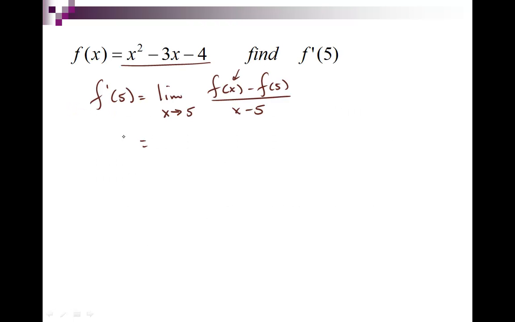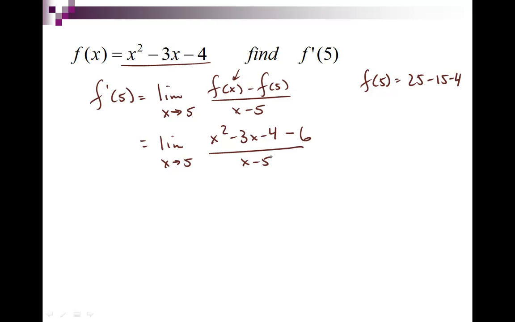We should have found that f prime of 5 is now equal to the limit as x approaches 5 of x squared minus 3x minus 4 minus, when I plug in f of 5, I get 25 minus 15 minus 4, and that equals 6, over x minus 5. Simplifying, we take the limit as x approaches 5 of x squared minus 3x minus 10 over x minus 5.